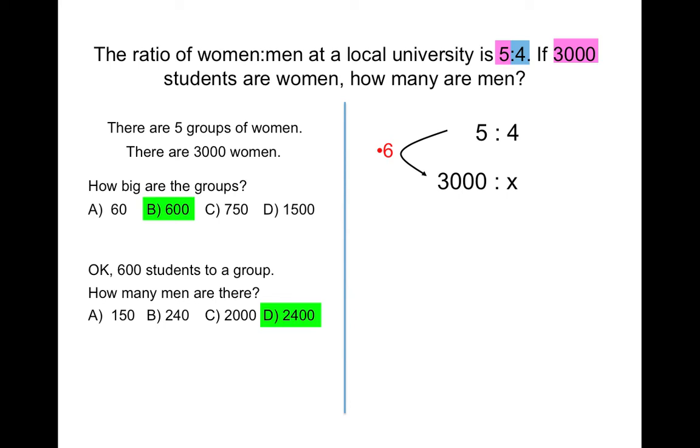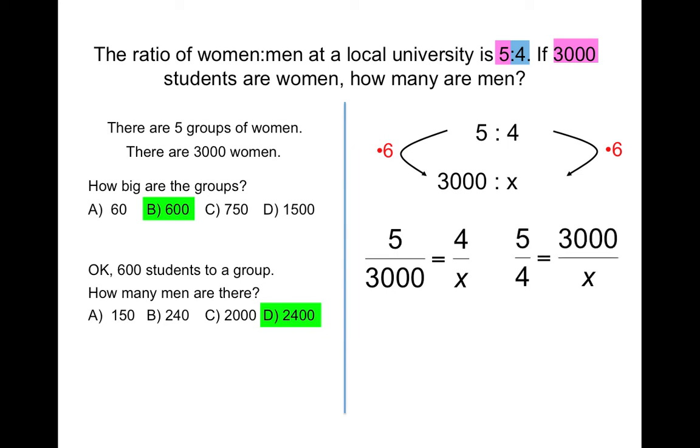So 5 times 6 is 3,000, and then 4 times 6 is our 2,400. We'll notice that by multiplying each number by the same thing, we're really creating equivalent fractions here. We could just as easily say that 5 over 3,000 is equal to 4 over x. That's how fractions work. A ratio is a kind of fraction.